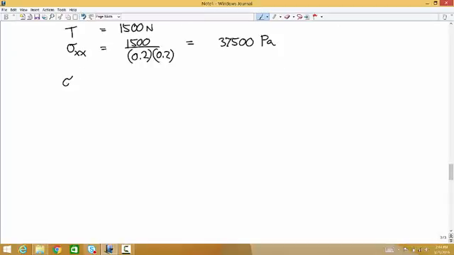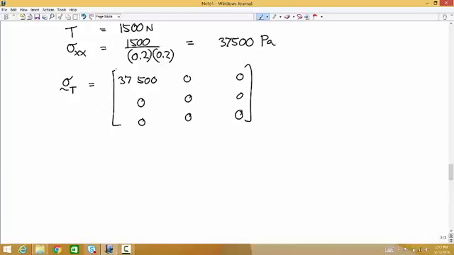And so the stress tensor due to tension is 37,500, and then zeros everywhere else. And that's the same for all 3 of those points.